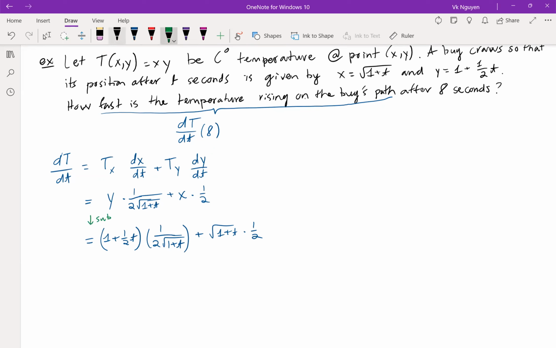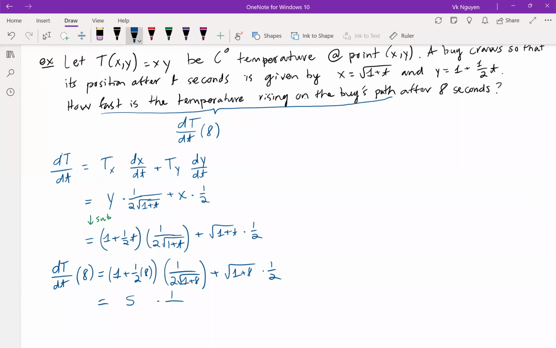Okay, so now we can compute dT over dt at t equals 8: 1 plus 1 over 2 times 8, times 1 over 2 root of 1 plus 8, plus root of 1 plus 8 times 1 over 2. Almost there. It's 5 over 6, and then now what do we have here?